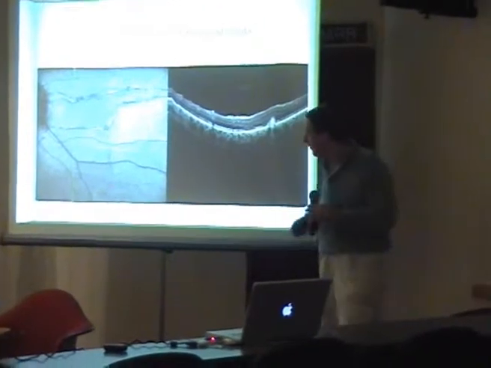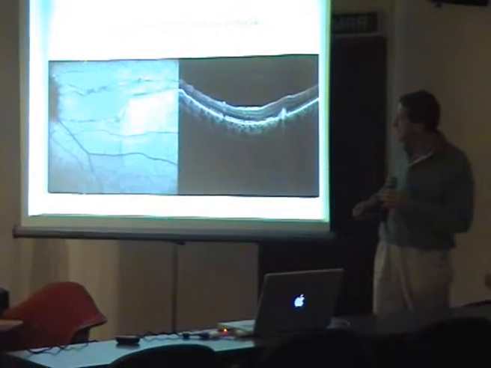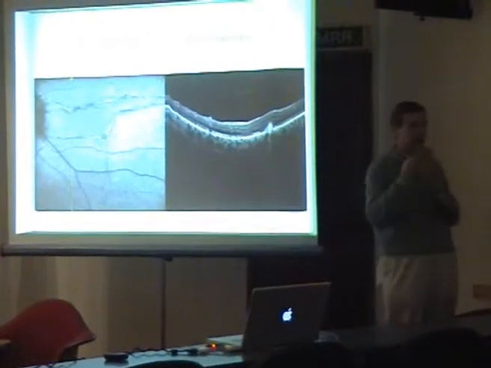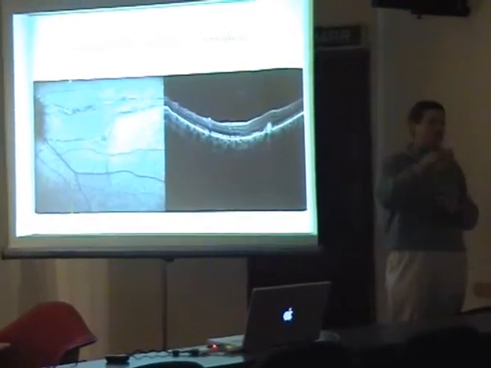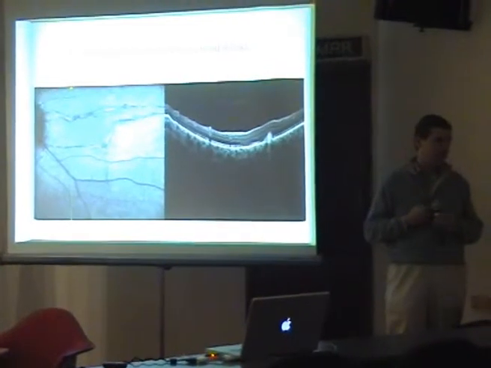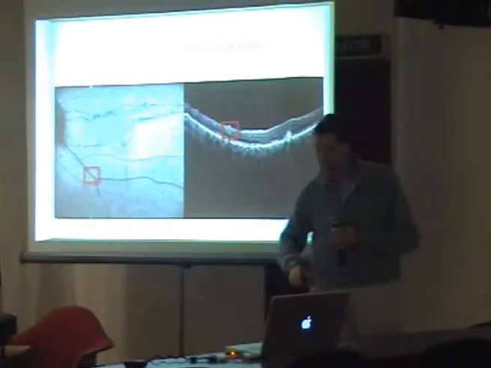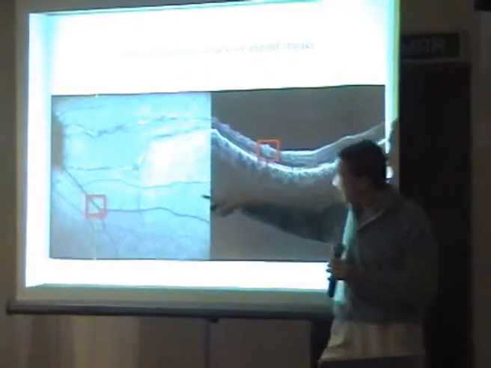But the topic of this presentation in this case is the angioid streaks. What are angioid streaks? Everybody knows that angioid streaks are breaks in Bruch's membrane. And I will show you something, just to give the reference. These are the vessels here.